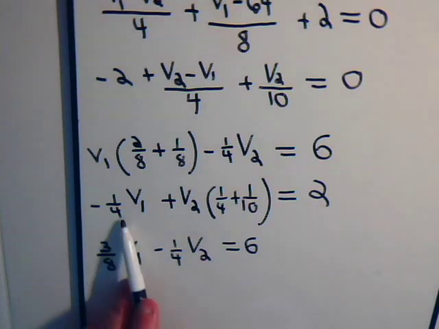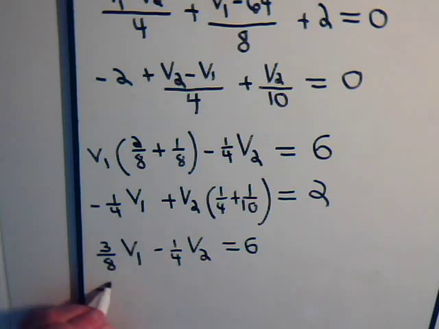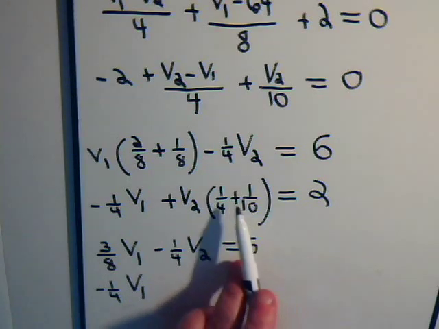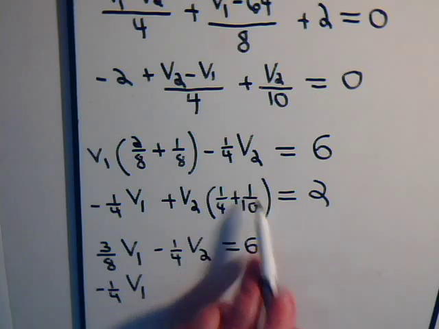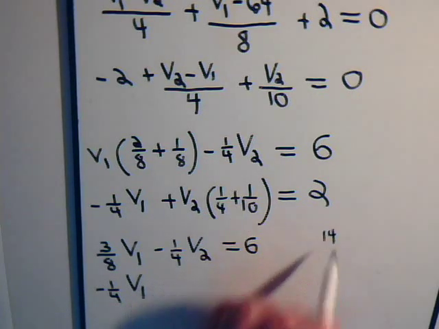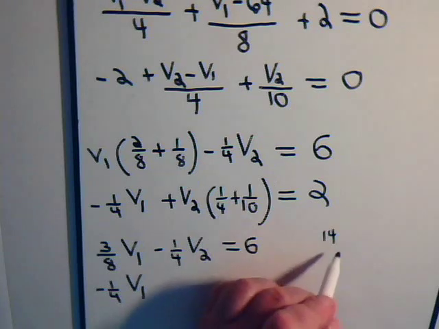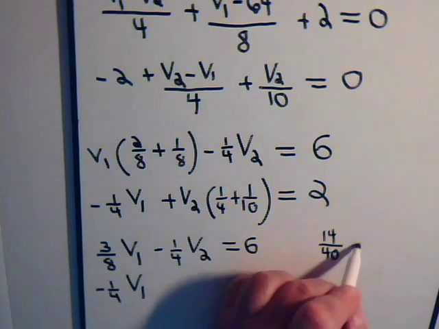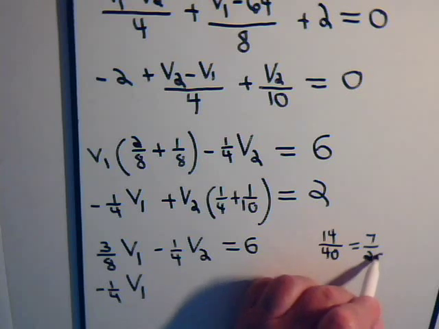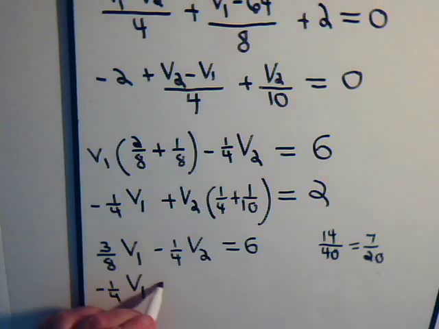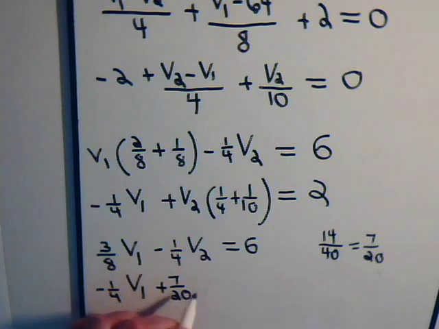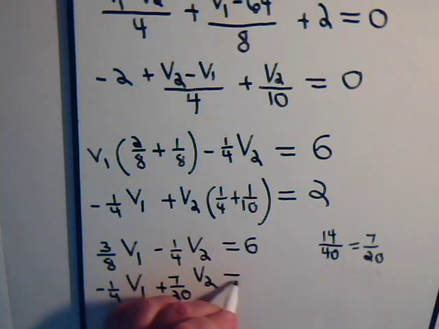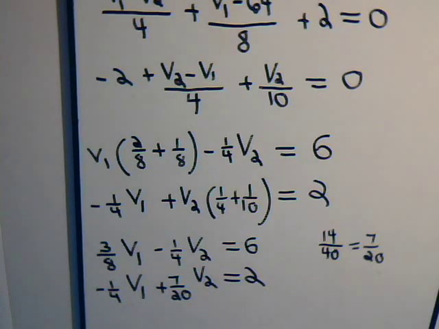And from this equation we have minus 1/4 times V1, and then from here we have 10 plus 4, we have 14 over 40, or that's 7 over 20, so we have plus 7 divided by 20 times V2 equals 2.